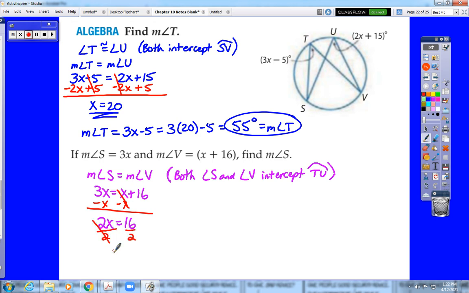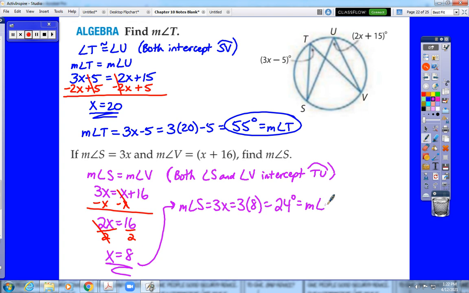So x equals 8. And just like the last problem, it's great that we know what x equals, but that doesn't answer the question, right? So we have to plug that back in. The measure of angle S is 3 times x, or 3 times 8, which would be 24 degrees.